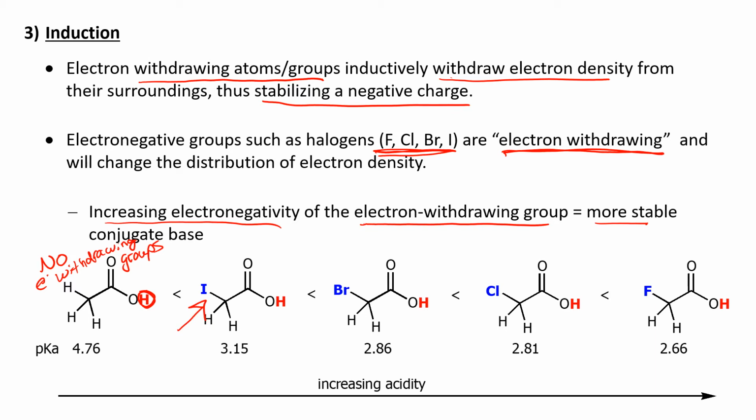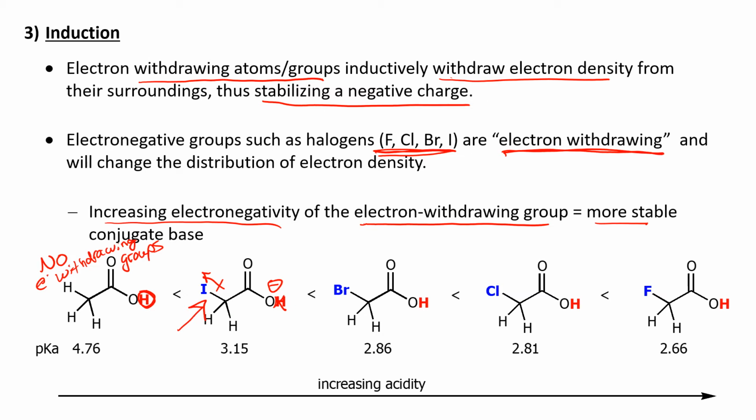So that iodine can stabilize. Imagine you deprotonate that and we get a negative charge. That iodine is slightly electron withdrawing, and it can help to stabilize that negative charge in addition to the resonance stabilization from the carboxylate ion that results.